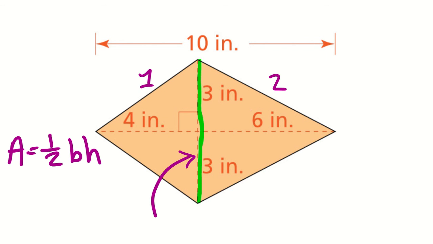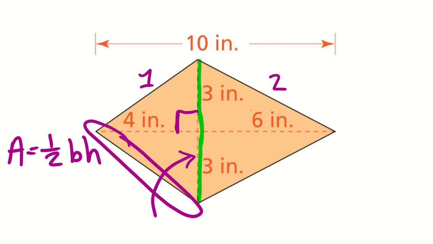And I want to use this green line as opposed to one of these other sides because this base already has this right angle to tell us that this line here is the height because it is perpendicular to the base and goes all the way across to the opposite vertex.